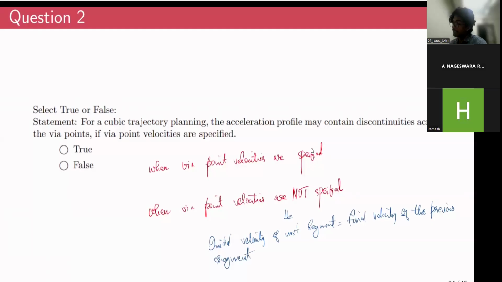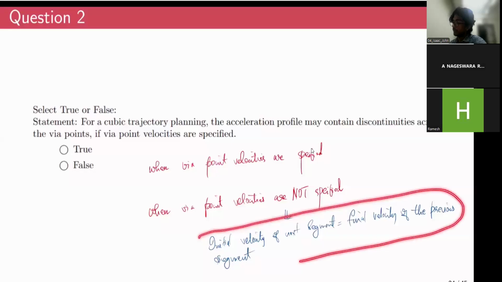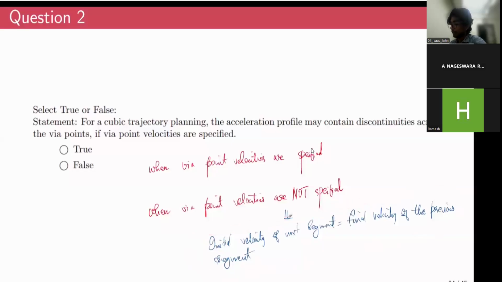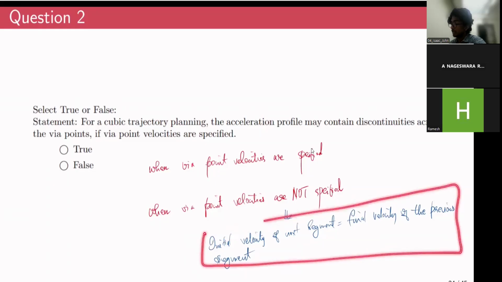Right? So we basically enforce this constraint. When the velocities are not specified, we essentially enforce this constraint.